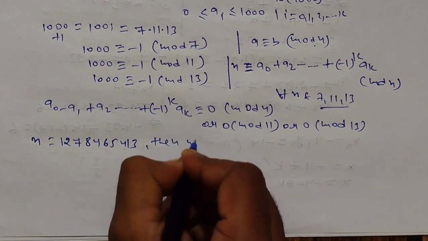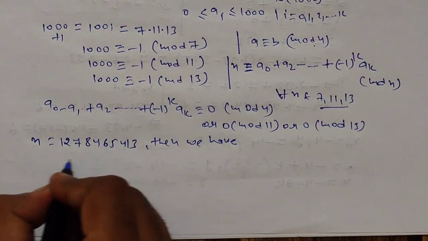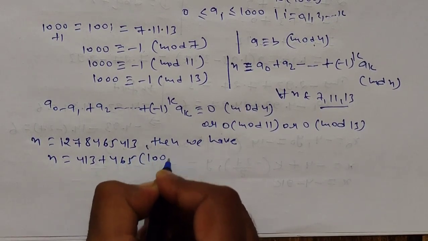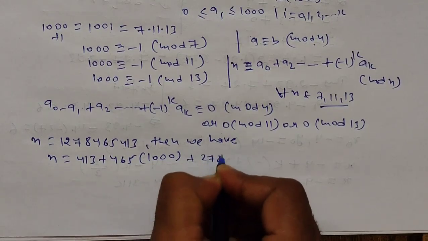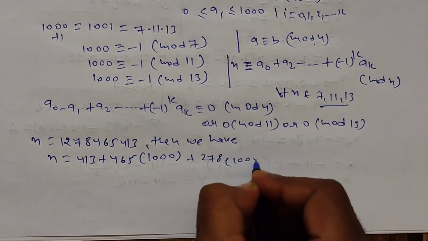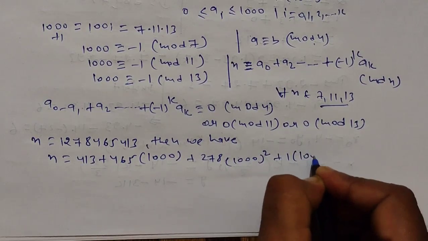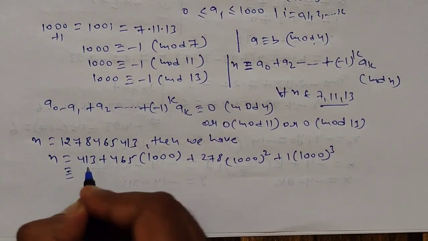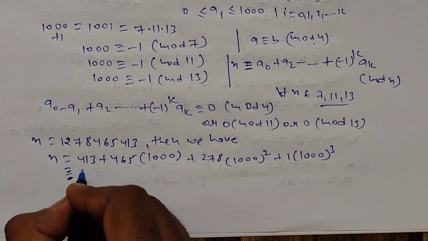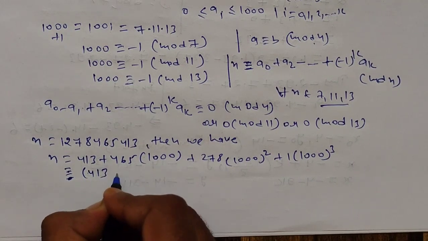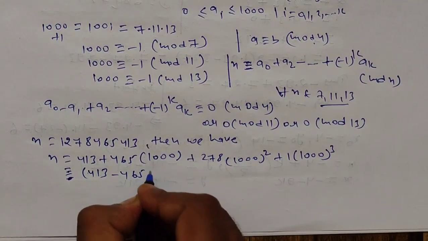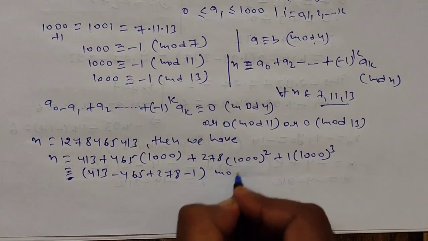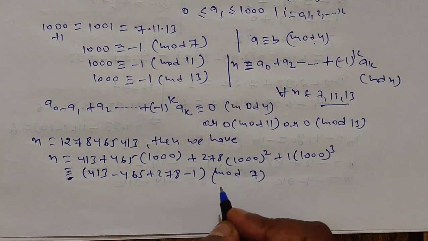Then we have n is equal to 413 plus 465 times 1000 plus 278 times 1000 squared plus 1 times 1000 to the power 3, and this is simply congruent to 413 minus 465 plus 278 minus 1, and this is mod 7.